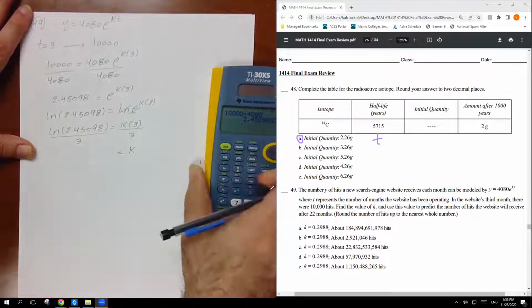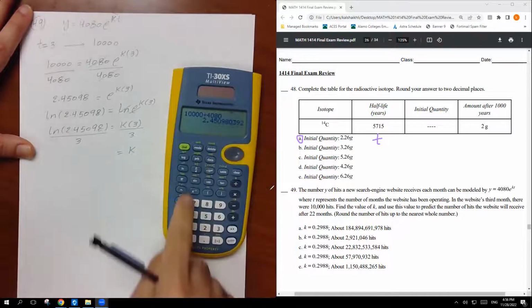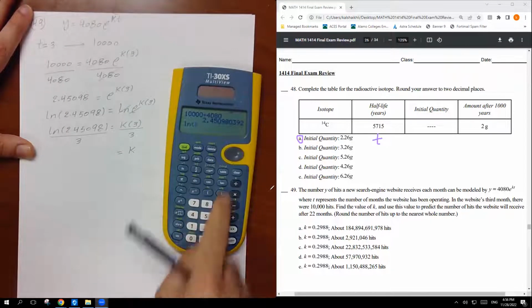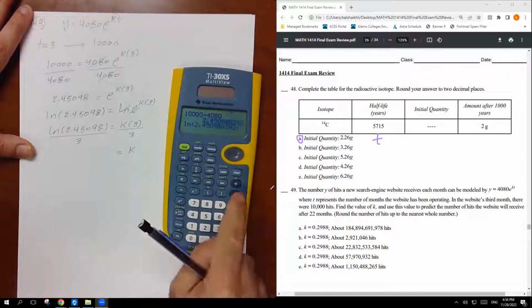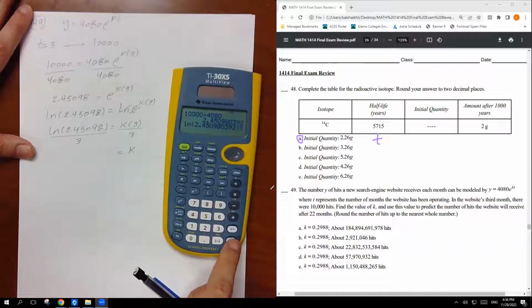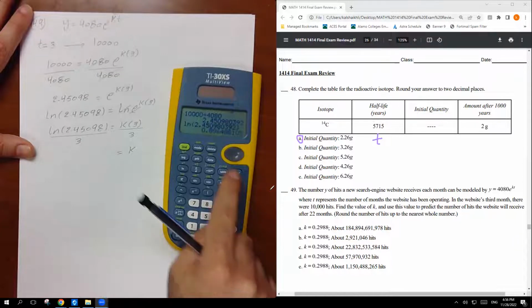So k is going to be equal to ln of this number, close the parentheses, and divide the result by 3.